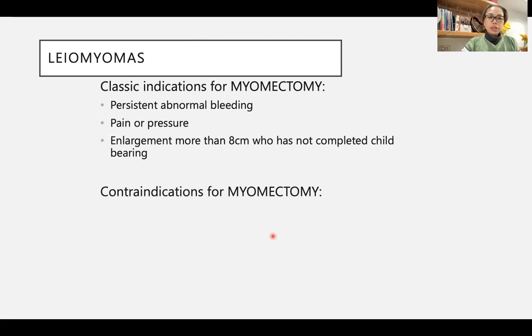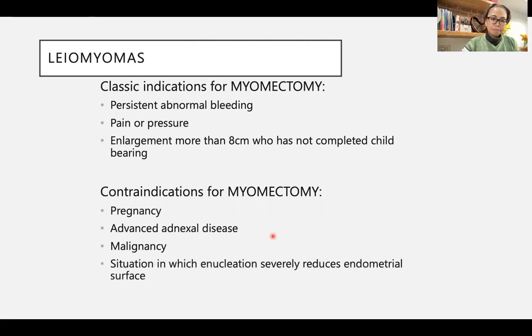While the contraindications for myomectomy are pregnancy. You cannot do myomectomy when a woman is pregnant. Advanced adnexal disease: if there's advanced adnexal disease, might as well get the adnexa together with the intrauterine mass. If there is a malignancy, you cannot just remove the myoma and leave the malignancy behind. And of course, situations in which enucleation severely reduces the endometrial surface.